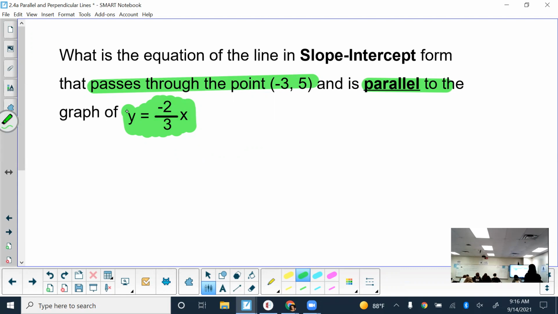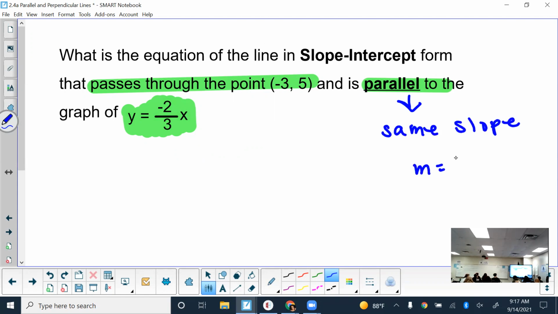All right, again, this is parallel. So what does that mean about the slope? My new line should have a slope that is the same as the given line. So what should my slope be? -2/3.